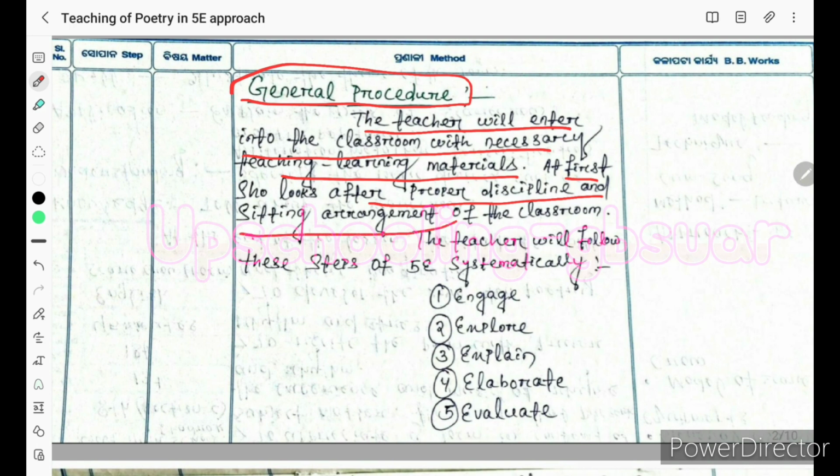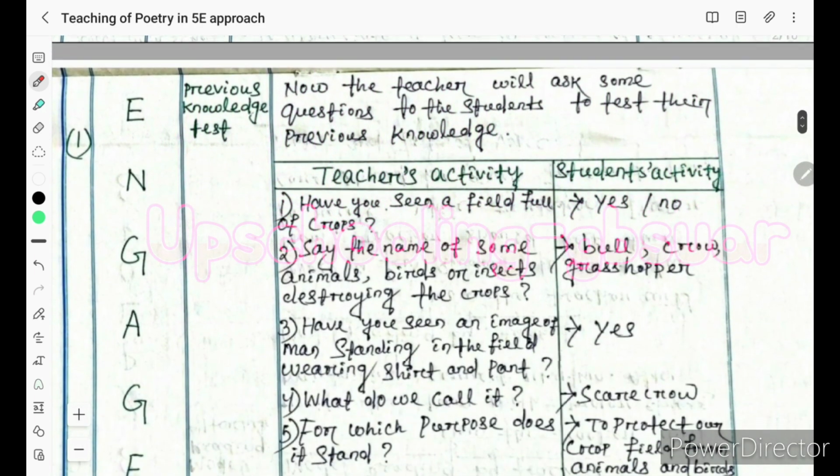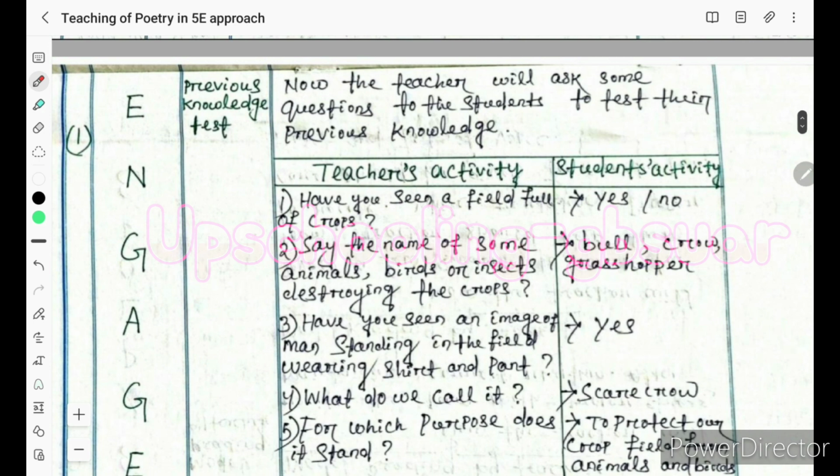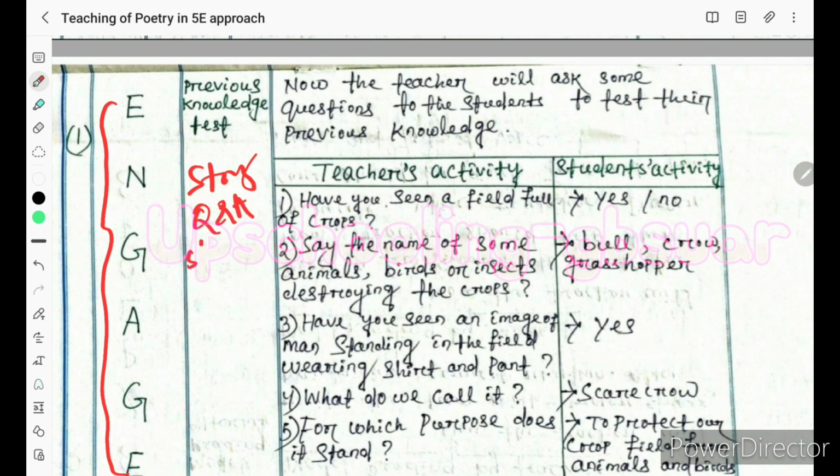Let's come to the first stage of 5E, that is engage. In this stage, we have to engage the students or draw their interest towards the topic. We can engage them by telling a story, by asking questions or by showing a model. The previous knowledge is helpful to build new knowledge.